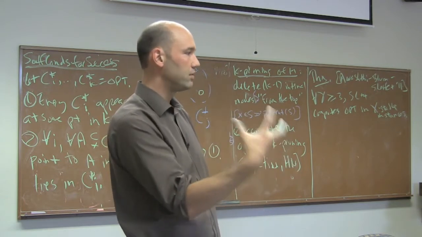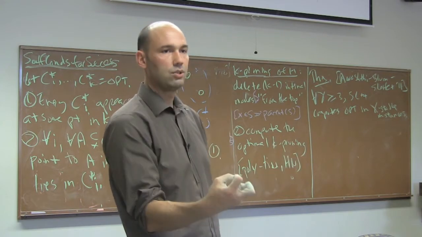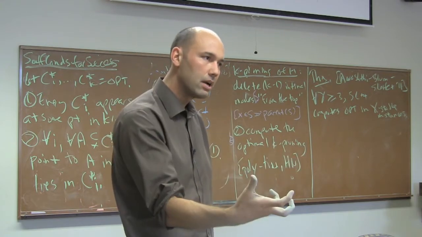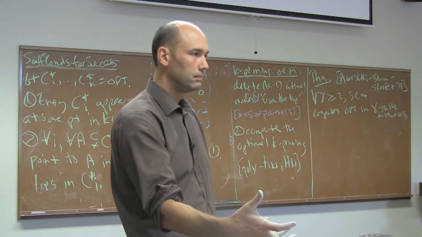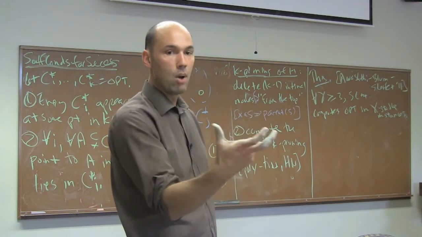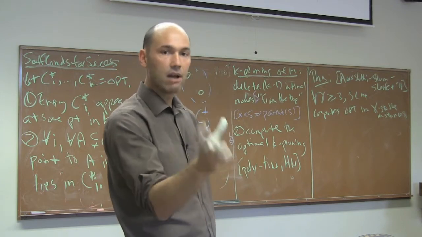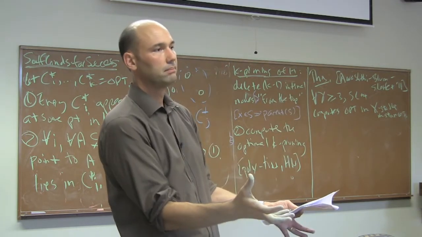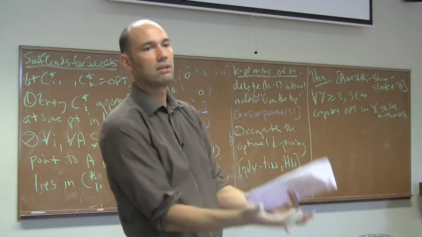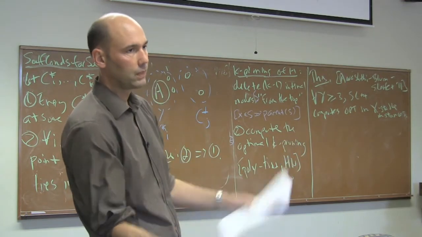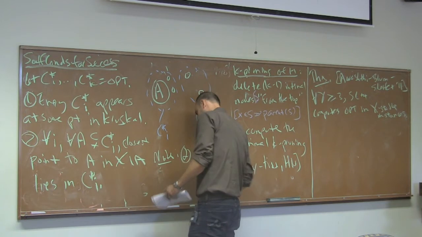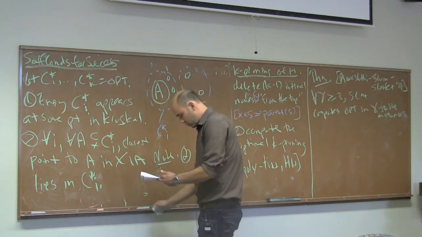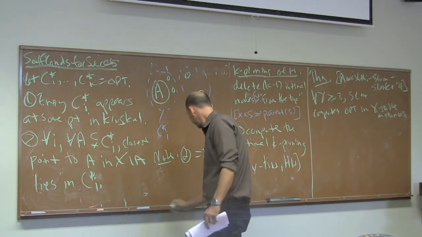If you don't have all of C star I yet, the closest thing to you, i.e. the next one considered by Kruskal, lies in C star I, not outside. So that means the very first moment at which you pick an edge that's in and out of C star I has to be complete. It must be the case you've already connected all of C star I together. So that's why 2 implies 1.